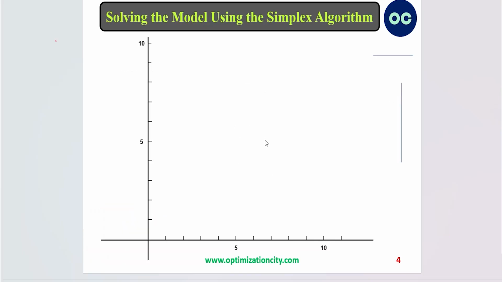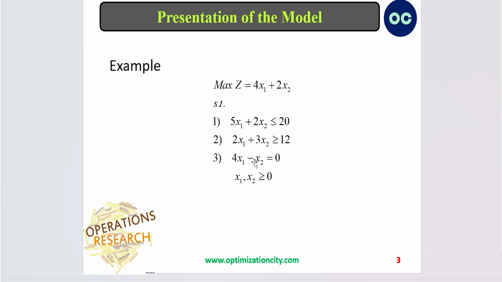Now let's solve the model using the graphical methods. To begin, we draw the feasible region. The first constraint is plotted using 2 points: 4, 0, and 0, 10.